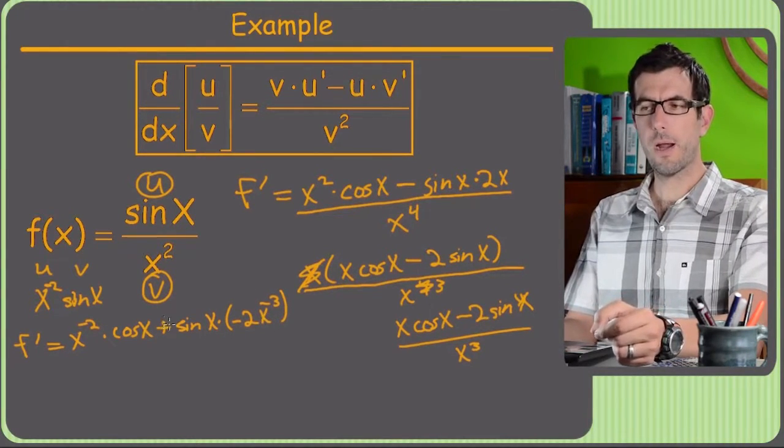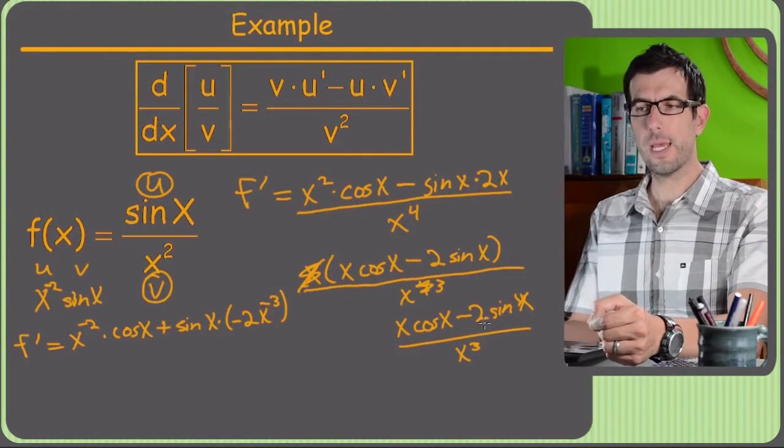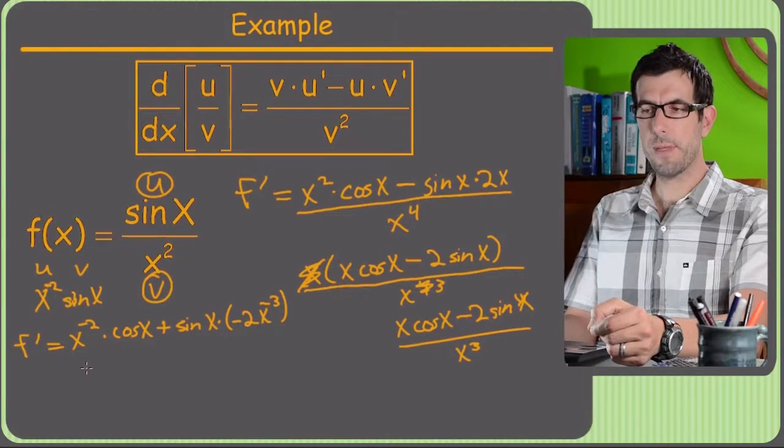All right, so far you're probably thinking to yourself, man, this doesn't look a lot like the other answer we got. But I think algebraically what's going to happen is, because this other one's a fraction, I'll try doing that to this one too. So we'll make those two fractions. This first term will be cosine x over x squared.